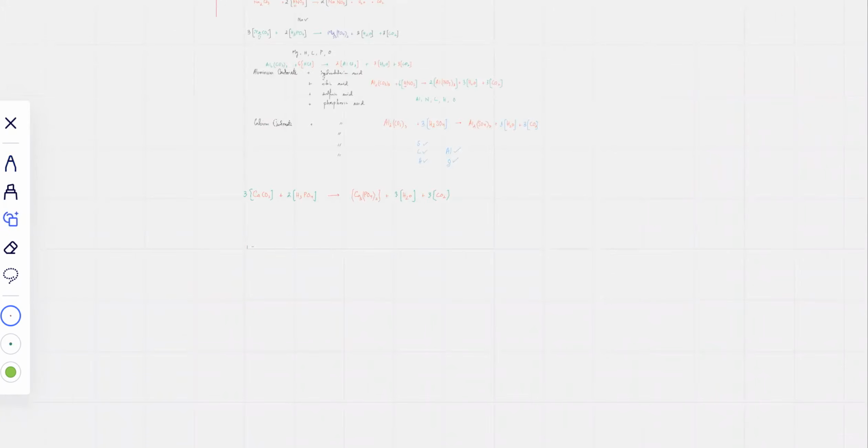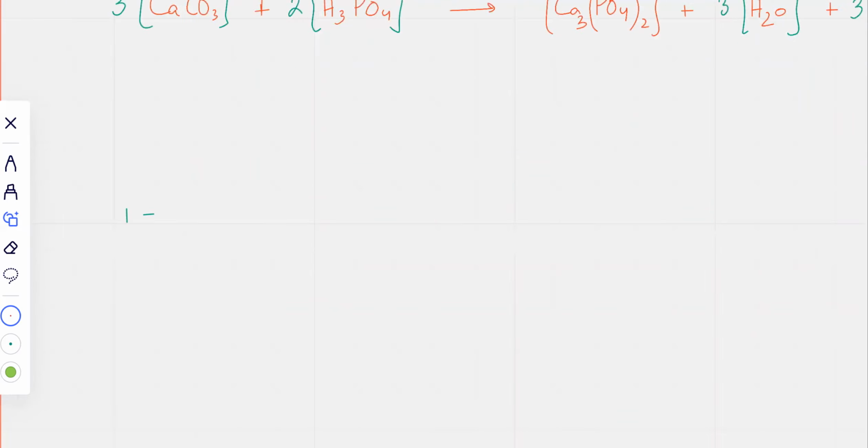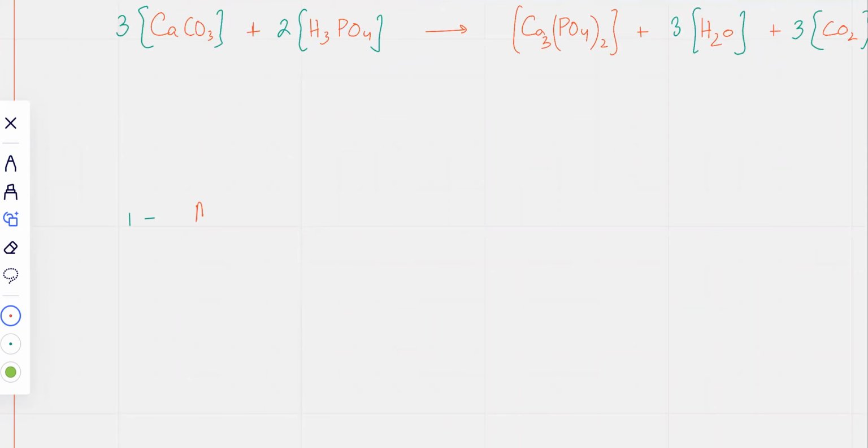The first one was metal plus acid. Just a quick recap of all the reactions. So metal plus acid would produce salt plus H2.